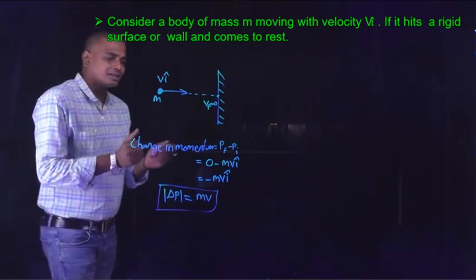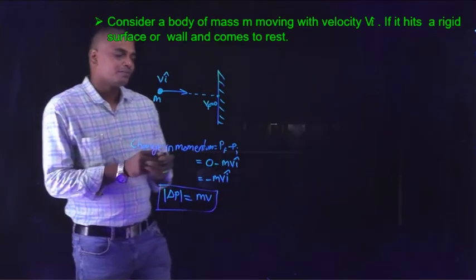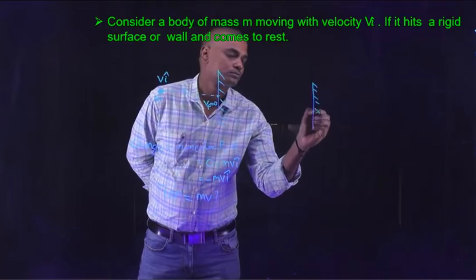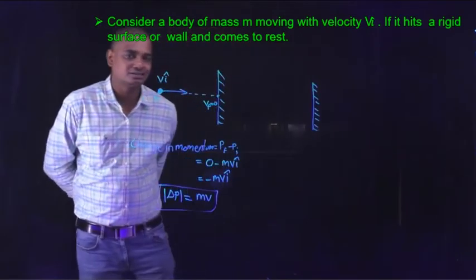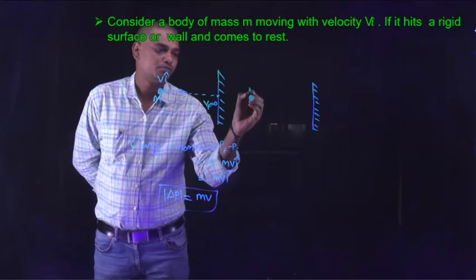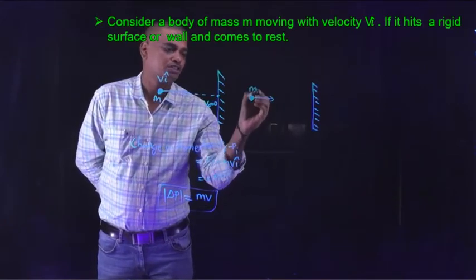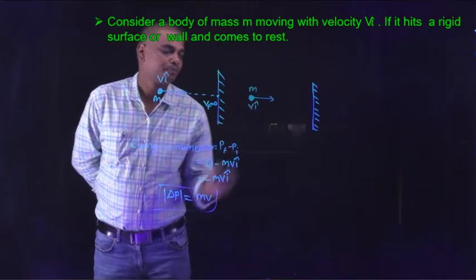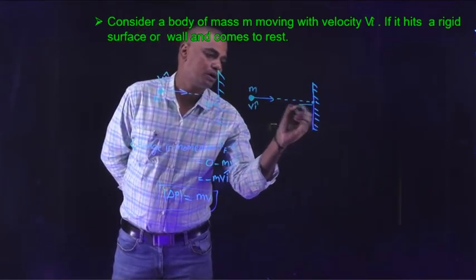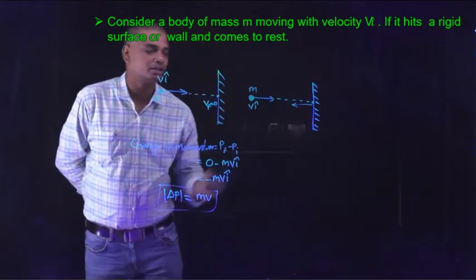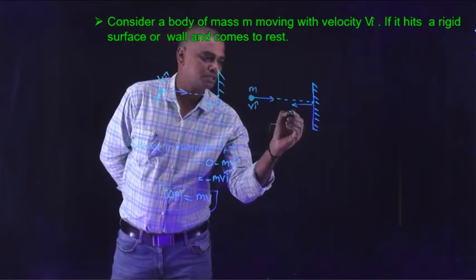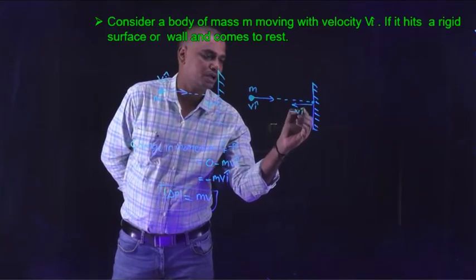In another case, it may be asked like this. Let us consider another case. The same ball of mass m moving with a velocity vi cap, after hitting the wall, comes back in the same direction, that means with the same velocity in the opposite direction, so minus vi cap.